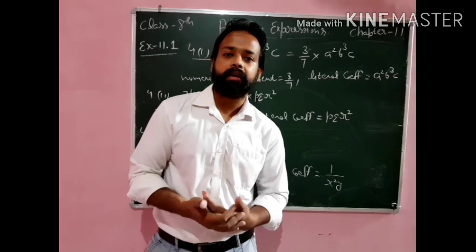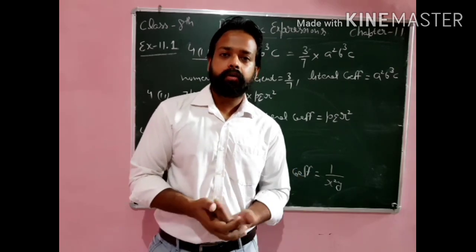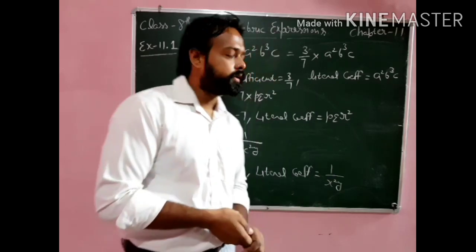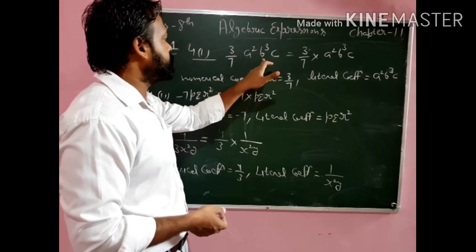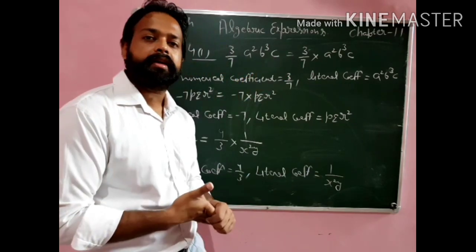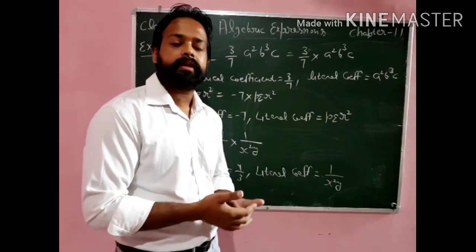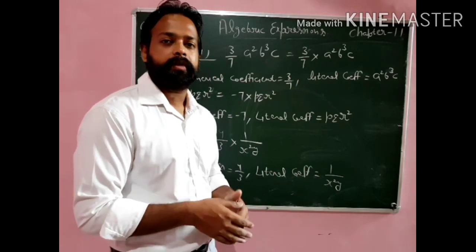We have to find the numerical factors and the variable factors, then we can write down the coefficients. Okay, now see the first part. It is given as 3 by 7 a x square b cube c. First of all we have to make the factors. Simply separate the numerical term and the variable terms by putting a multiplication sign between them.